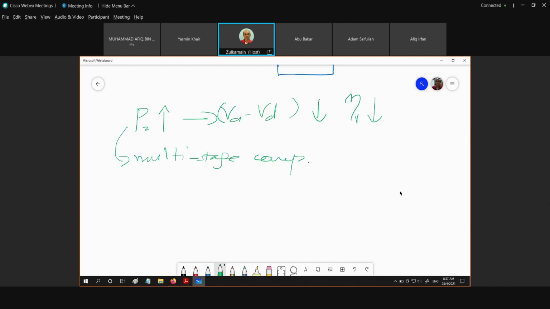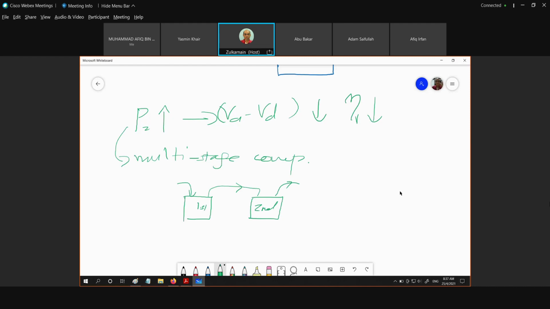Tapi, bila kita gunakan multi-stage compression, kita akan dapati bahawa this is multi-stage. Contoh, our first compressor, this is our second compressor. Intake, delivery, masuk ke second stage. Ini kita punya final. Okay.